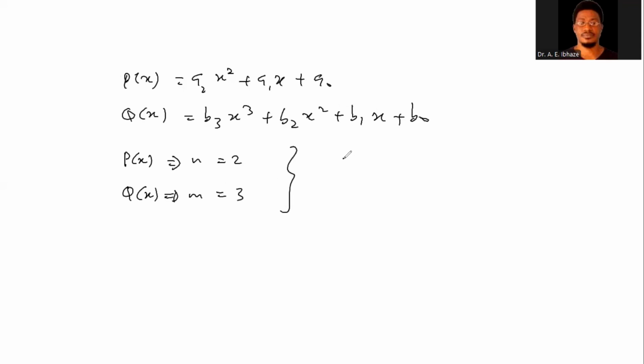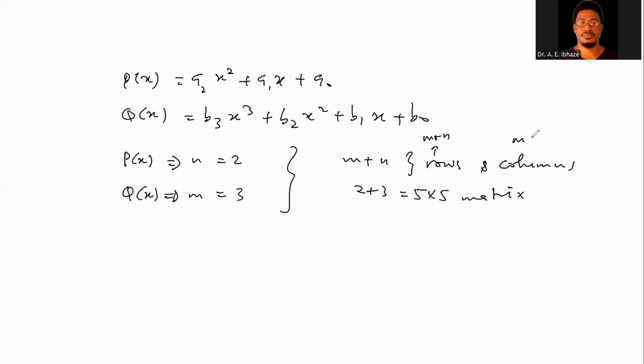So this is going to give us m plus n rows and columns for the matrix. So in this case, we have 2 plus 3, which would be a 5 by 5 matrix. Okay? So that's m plus n rows and m plus n columns.